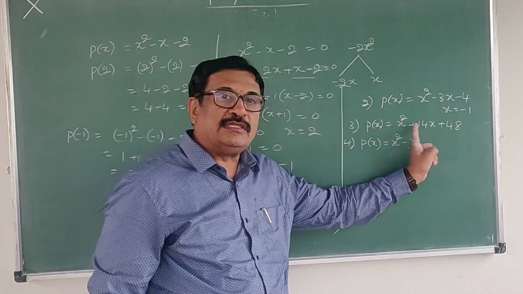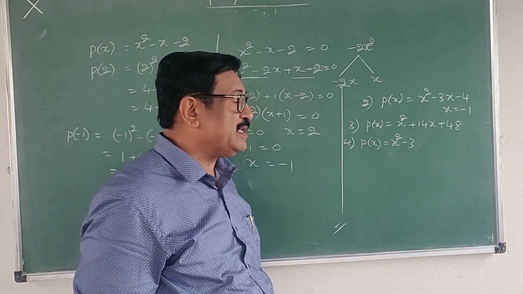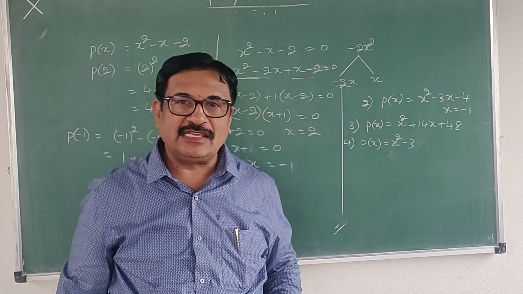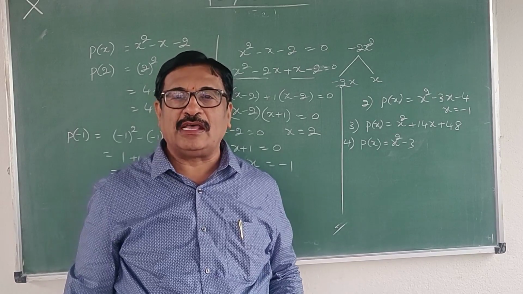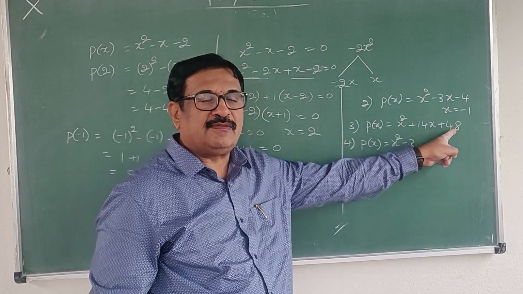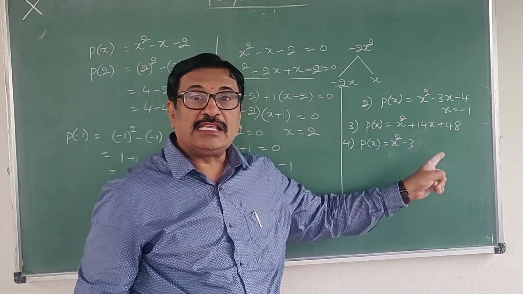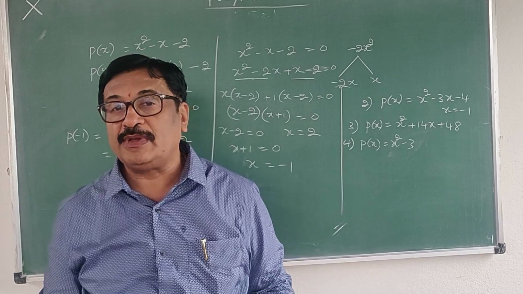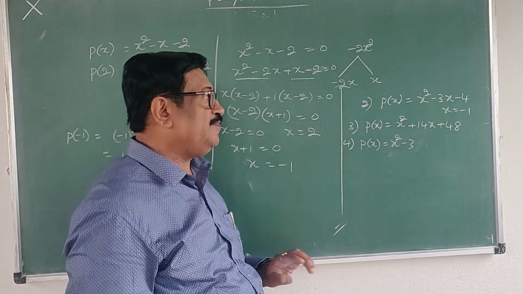Here I am talking about this x squared plus 14x plus 48. You need to factorize this. Factorization you have learnt in the lower class. Apply that rule. Multiply the first term and the last term, that is 48x squared. Split the middle term into two parts in such a way that their product becomes 48x squared.